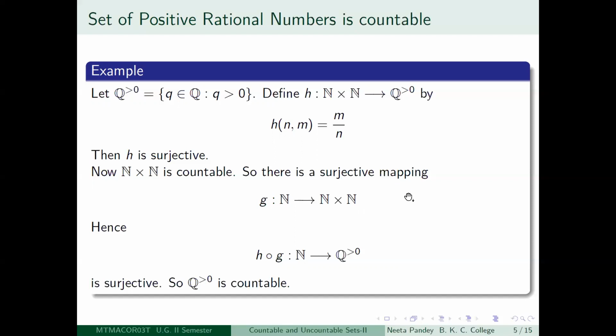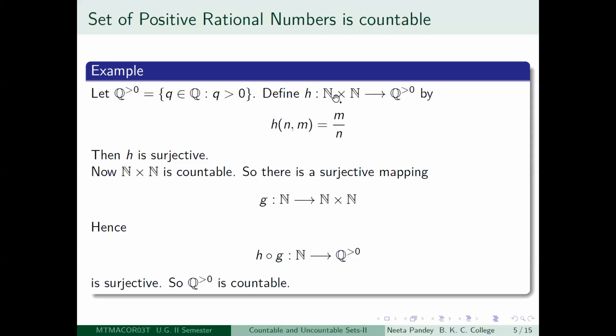What this surjective mapping looks like is not pertinent here. So all you are saying is that there is a surjective mapping from the set of positive integers to N cross N, since N cross N is countably infinite.